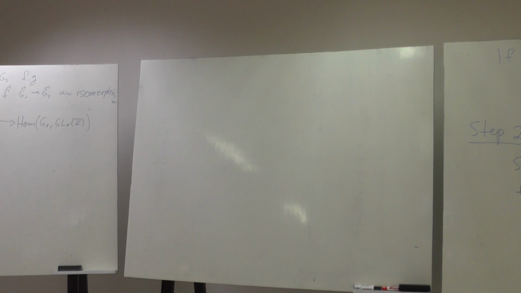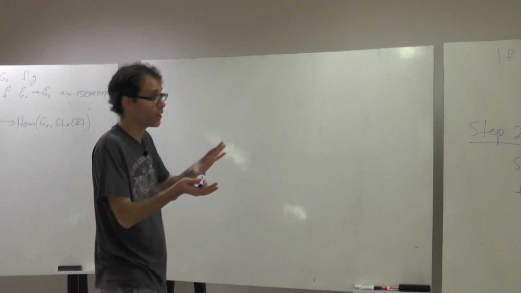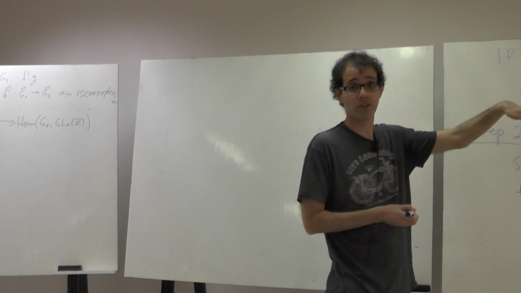Because if I had two elements that go to the identity, since gamma is residually finite, I could separate them in some finite quotient of gamma, but I won't be able to separate their images in a finite quotient of delta. Okay. So we're halfway there. We proved that this is an injection. It's enough to prove that this is a surjection.